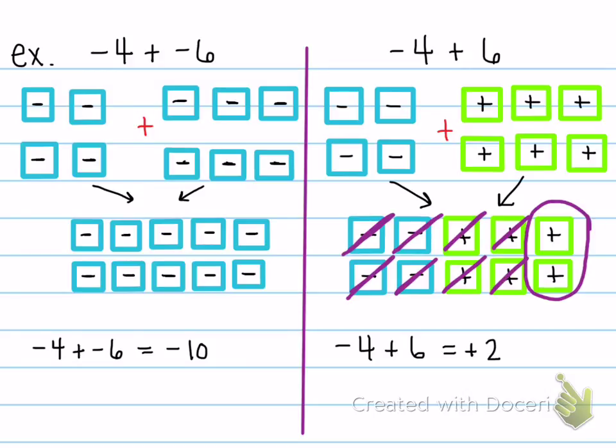So you're going to be left with either positives or negatives, depending on what you have more of. So in this example, -4 plus 6, you had more positives than you had negatives, so your answer turns out positive, because you had 6 positives and 4 negatives. Therefore, the positives won out. You had more of them.